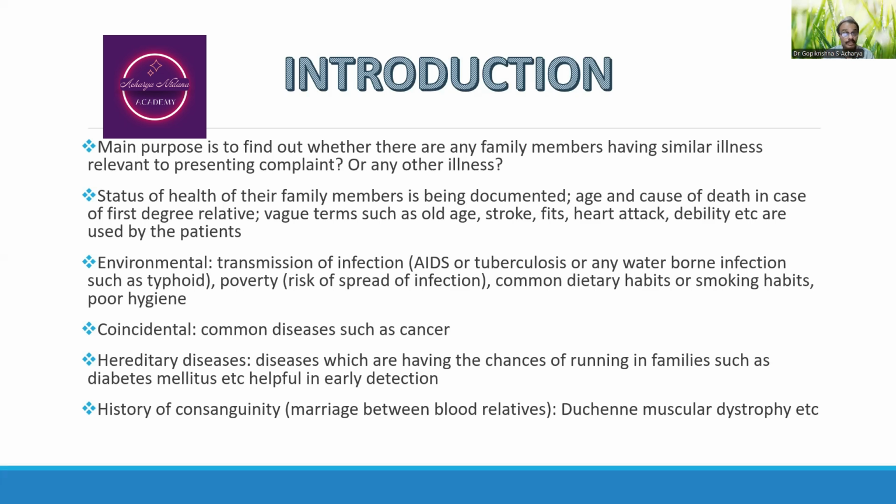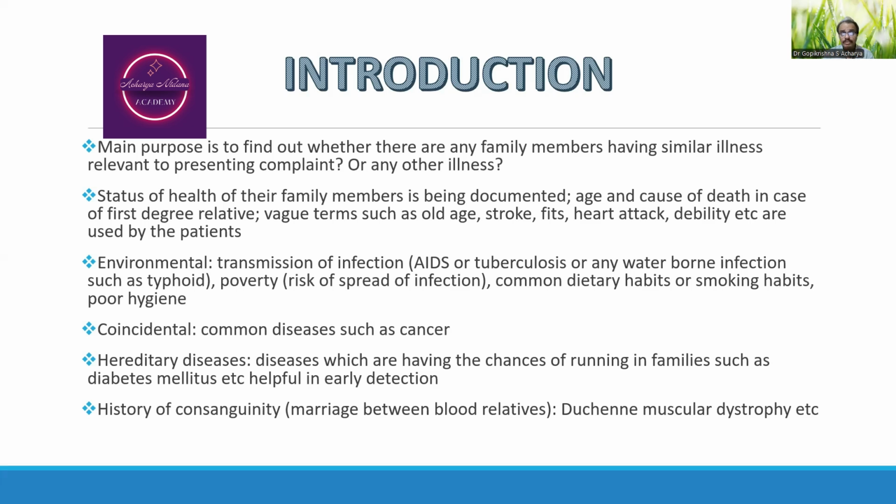When you think about other aspects, such as hereditary diseases, there are certain diseases which run in families, such as diabetes mellitus, etcetera, that we are going to inquire about. Why do we need to inquire about this information? For the early detection of diseases.